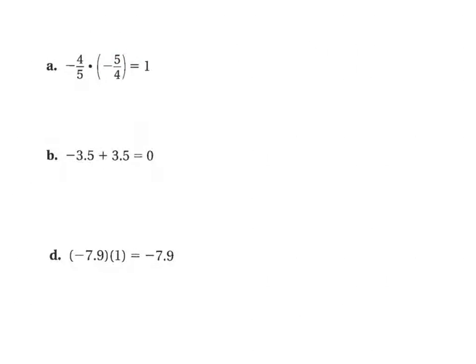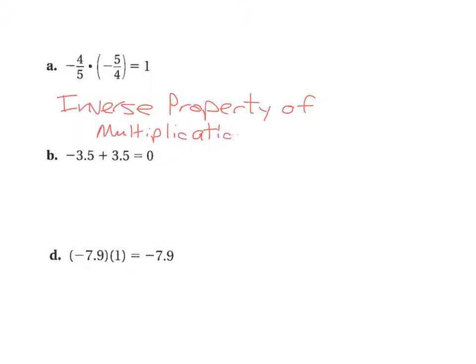So we know this is going to be the inverse property of multiplication. And whenever we multiply a number by its reciprocal, we get 1. So because it equals 1, that's another clue. Inverse property of multiplication.